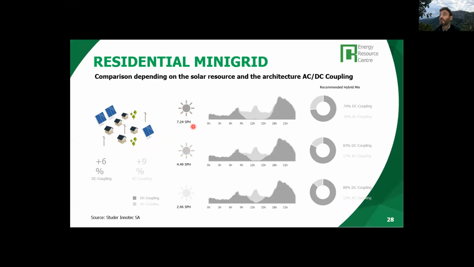If we have 7 sun peak hours, then the optimum configuration would be 74% DC coupling, 26% AC coupling. And this share of AC and DC coupling could change depending on the level of irradiance.